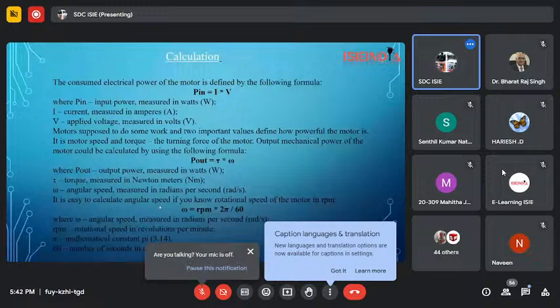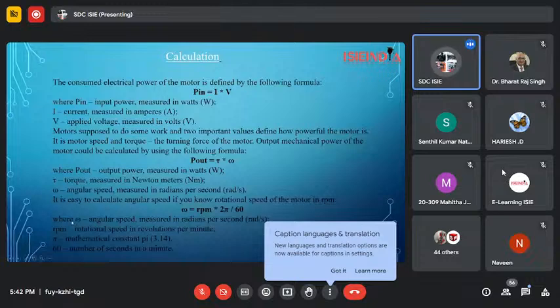So we are going to see some calculations here. In electric motors, the power consumed is given by I into V. We all know the power input given inside the electric vehicle is calculated as I into V, means current into voltage.